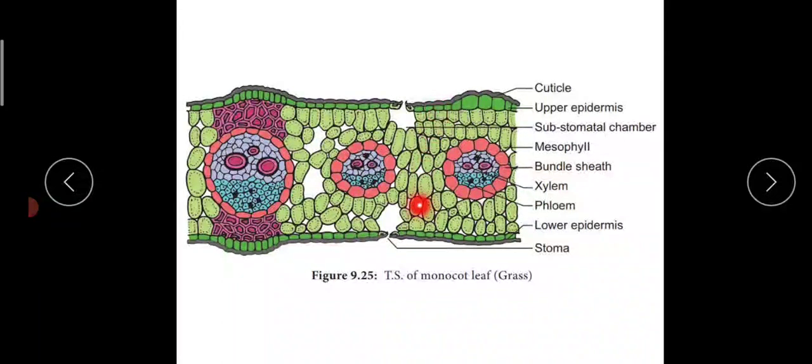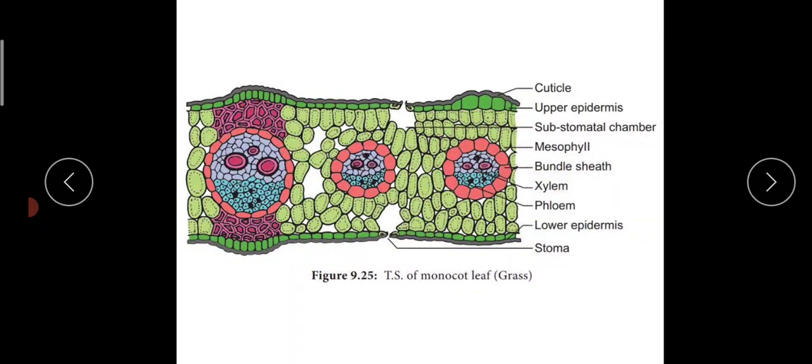Here you can see that only uniform or homogeneous type of cells are there. So in monocots, please note that mesophyll is not differentiated into palisade and spongy tissues. And mesophyll cells are thin-walled, isodiametric and chlorophyll containing cells actively involved in photosynthesis.